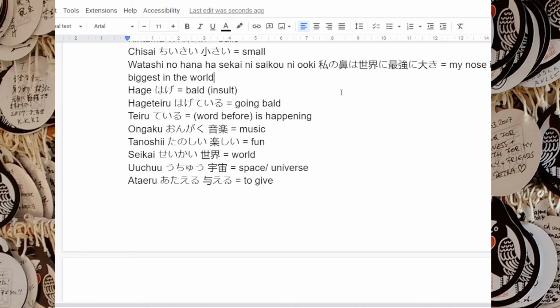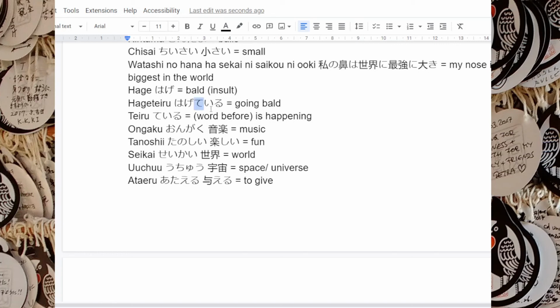Hage, bald. It's also used as an insult. A lot of kids say it. It's not really a big insult, but it's an insult. Of course, hageteru, something that Nagzz is doing, is going bald. Like myself, I am mostly bald. So I can say these things, it's fine. You see, anybody in chat with a full head of hair, not fair, not fair.